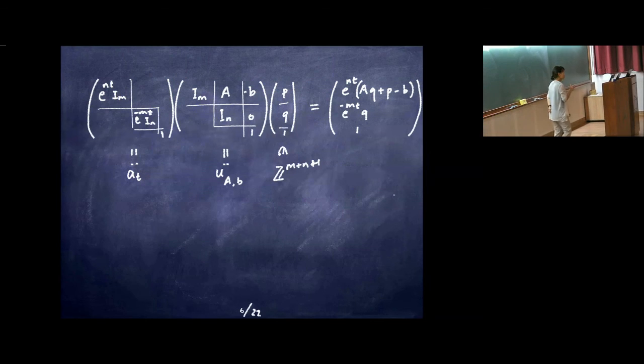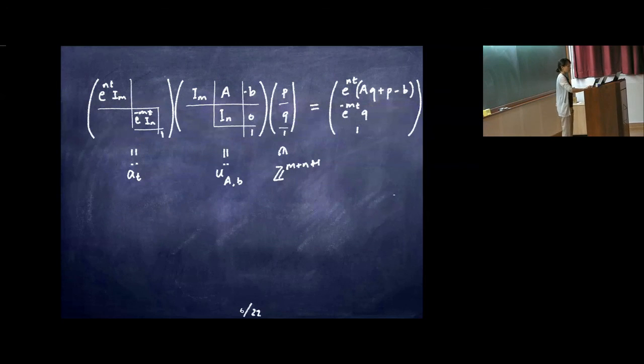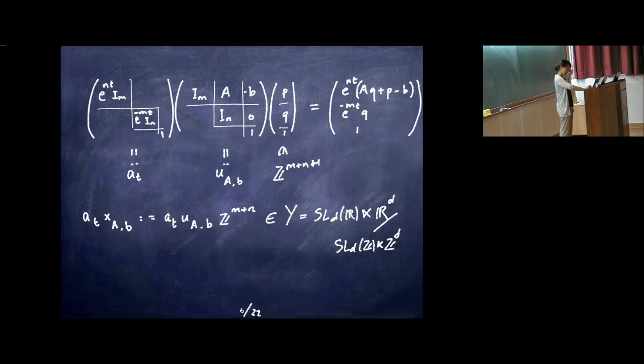Rather, we want to think of it as a grid, a translated lattice. So let's ignore the last coordinate and still write it a_t u_{A,b} Z^{m+n}. And that will be my lattice, or actually, it's not really a lattice, it will be a translated lattice.